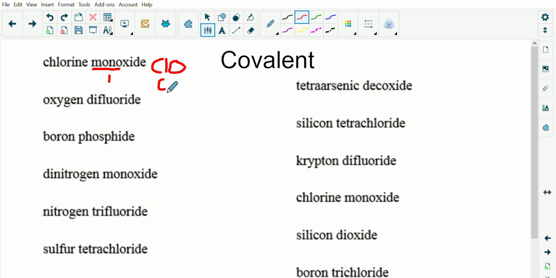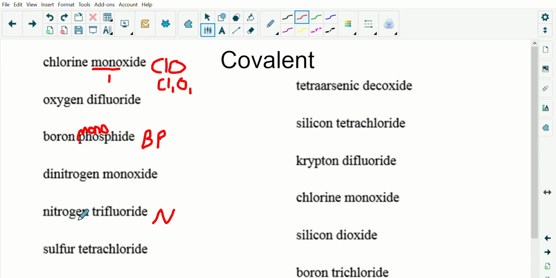If you wanted to write Cl1O1, I have no problem with that. Mr. Nenya's students who are watching this, check in with Mr. Nenya, see if he's okay with that, but I am. This one, boron phosphide. Again, B, there's nothing here, so this one's actually a mistake. Monophosphide.